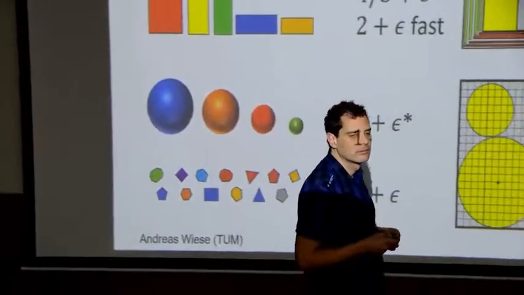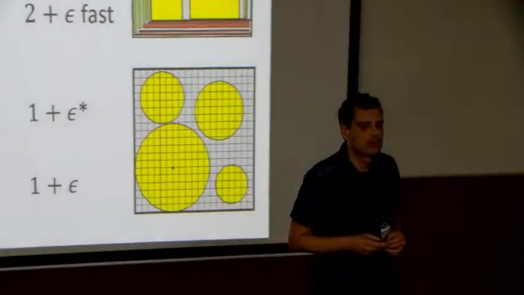Do you have an algorithm for mixed shapes as well, for example, both rectangles and circles together? For one result, yes. If they are small convex fat polygons, you get 1 plus epsilon.